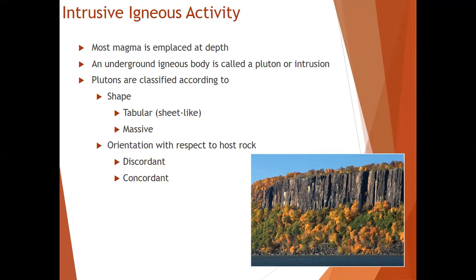With their orientation in respect to the host rock, they can either be discordant, where they're cutting across existing structures, kind of like on an angle or a diagonal or a perpendicular line, or they may be concordant, where they inject parallel to the features, kind of like separate layers would be in a sedimentary rock.